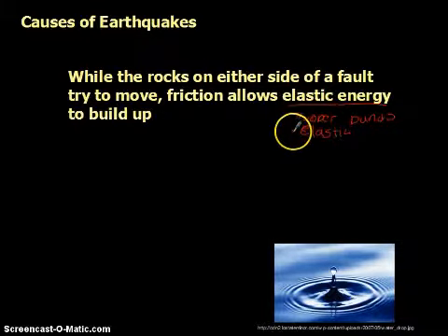Okay? So what happens is that elasticness needs to return to its normal shape. So that's a big key. And so when things are trying to move and there's lots of friction, the elastic energy tries to push the rocks back to where they were, but they continue to keep moving.